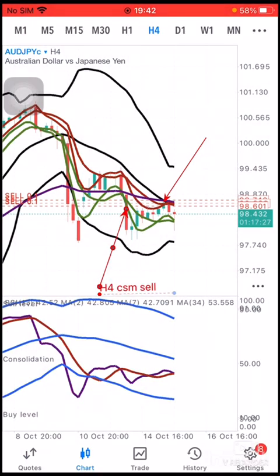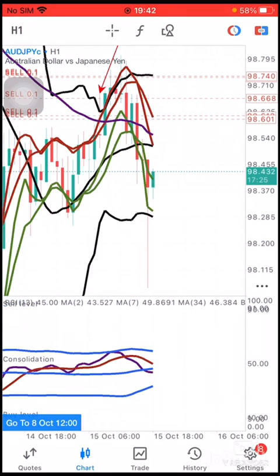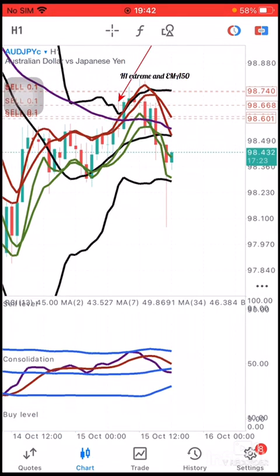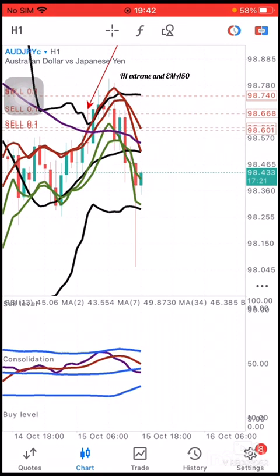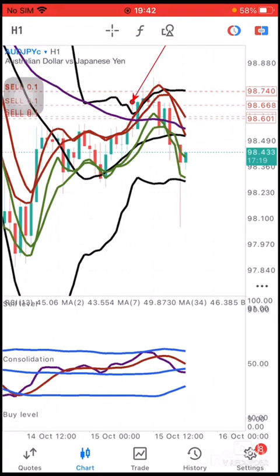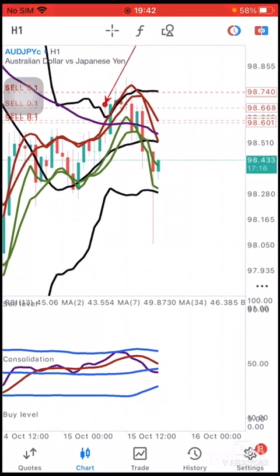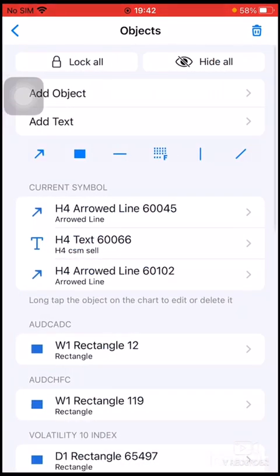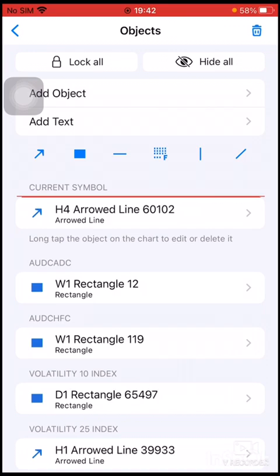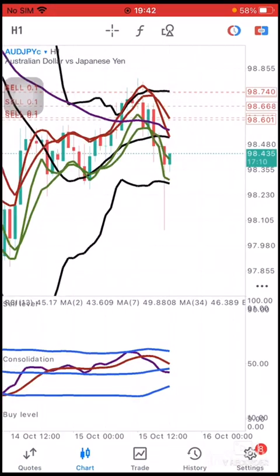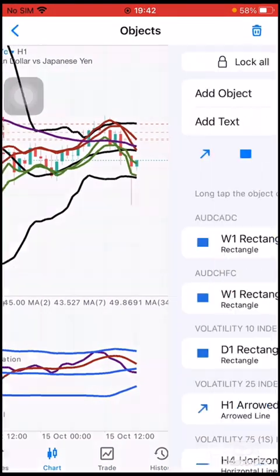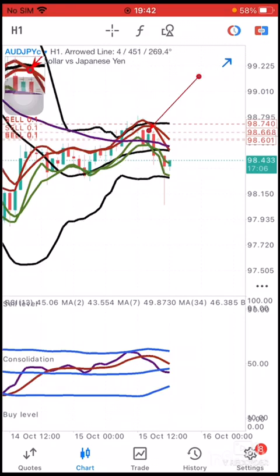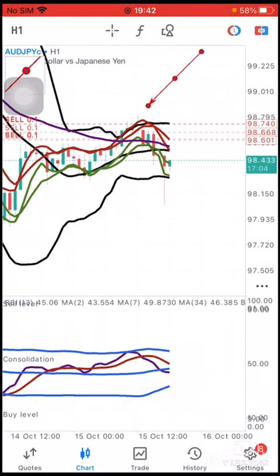Then you go one time frame lower. What you'll be looking for is H1 extreme. So H1 extreme is around here. It had EMA 50.